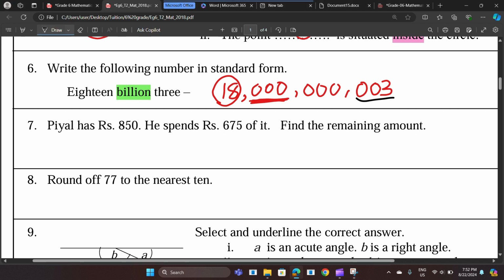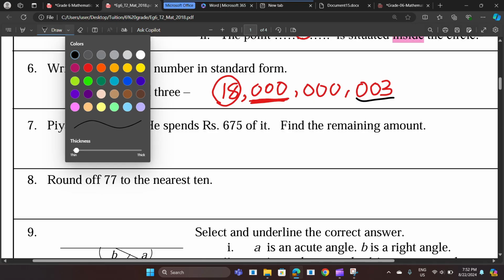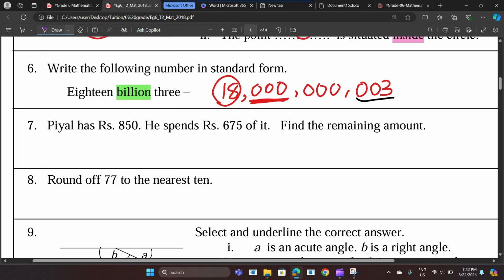You have to subtract 675 from 850 rupees. So first of all, you should write rupees on the top of the subtraction, like this.